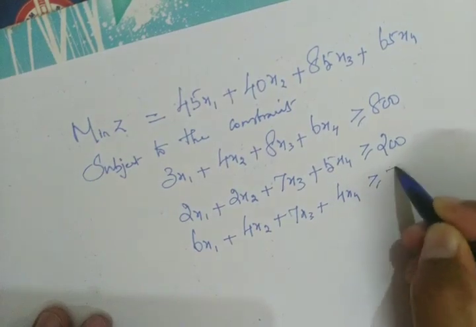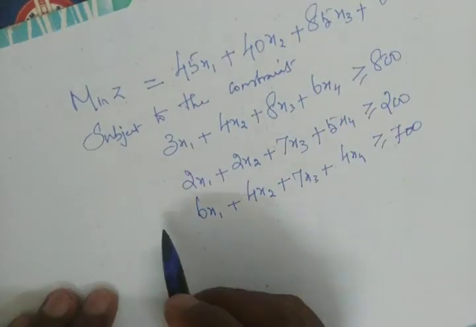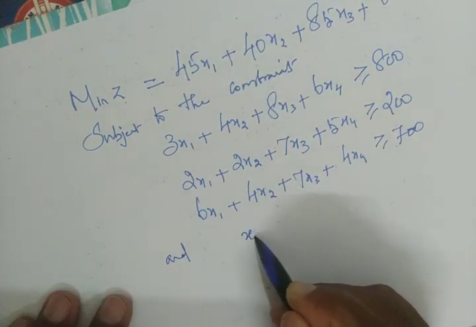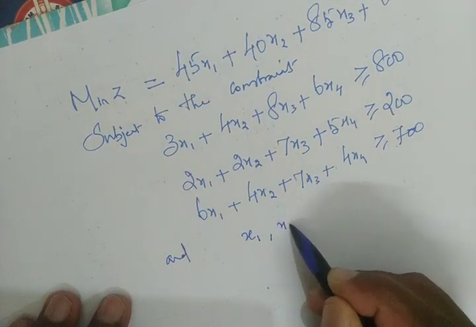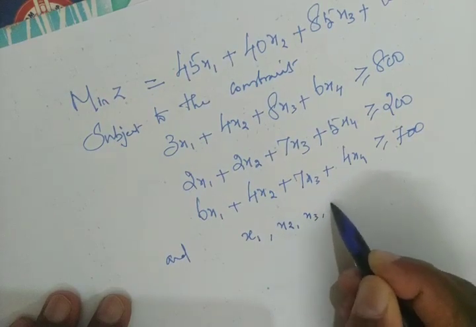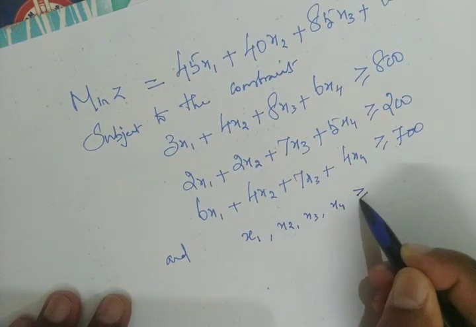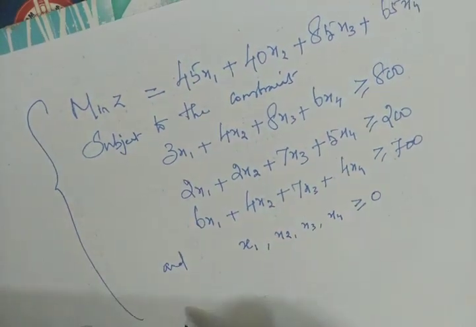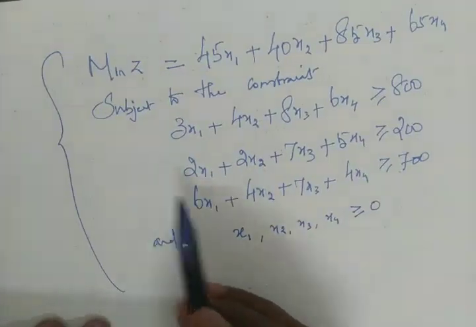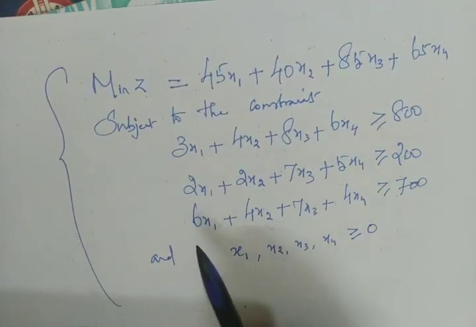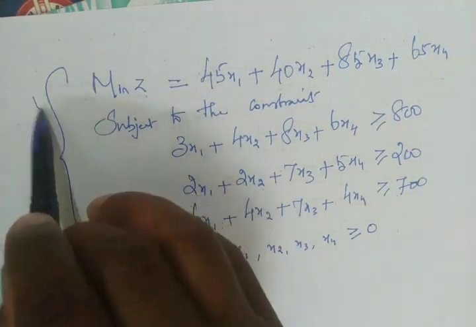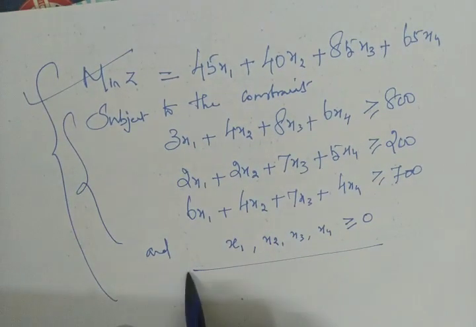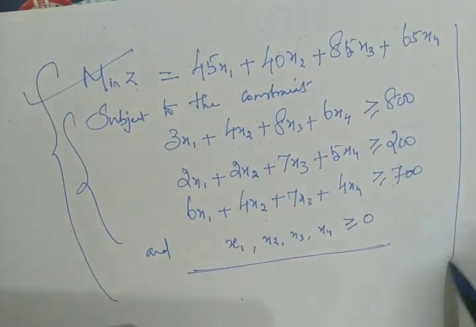After forming the constraints, we have to write about the decision variables. x1, x2, x3, x4 are always greater than or equal to 0. So this is called the general mathematical model of the linear programming problem. Objective function subject to the constraints. The variables are greater than or equal to 0. Thank you.